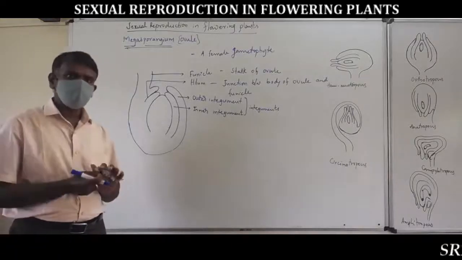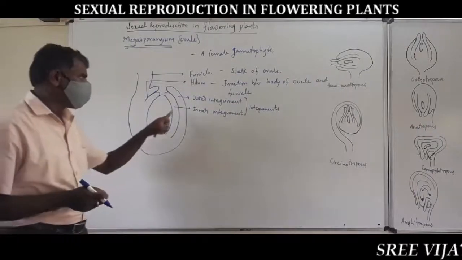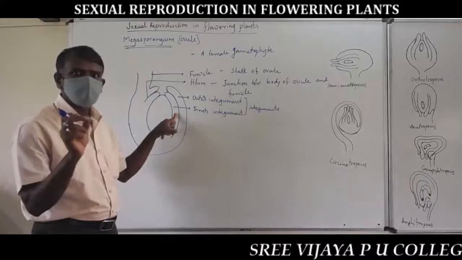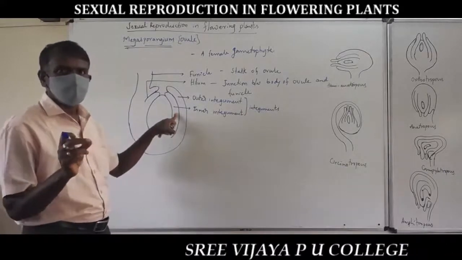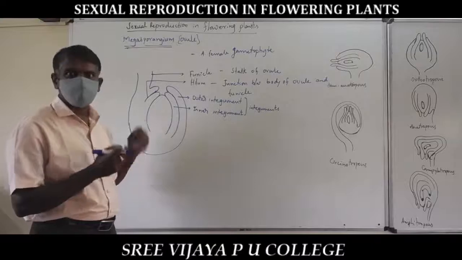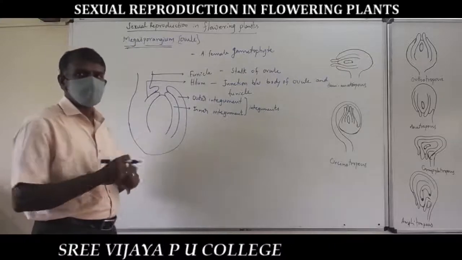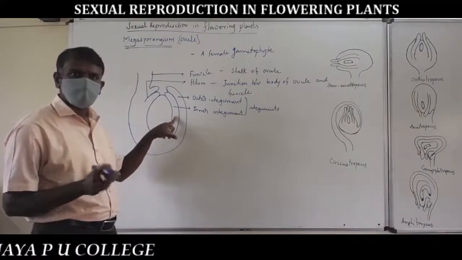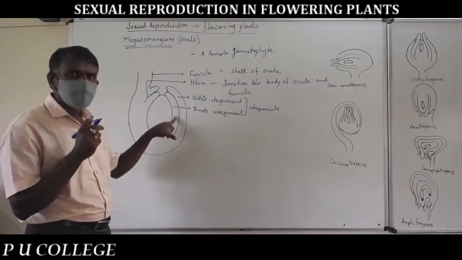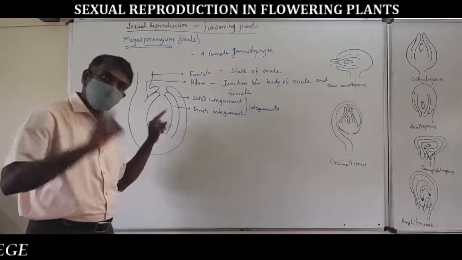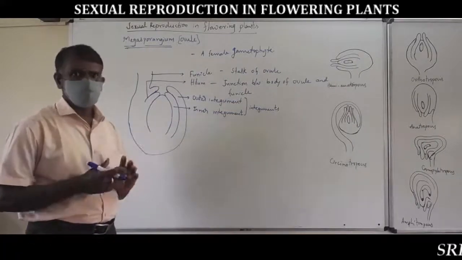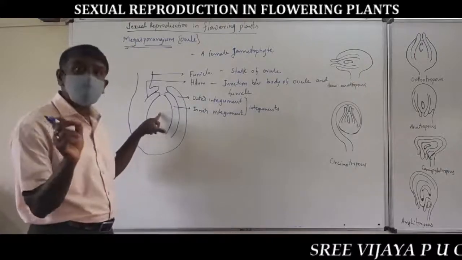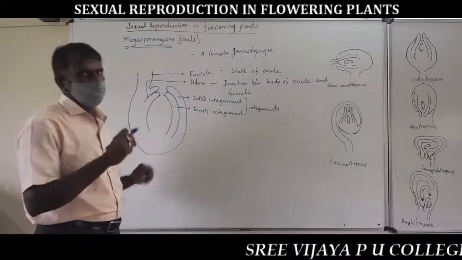When the nucellus is absent, the inner integument possesses larger cells which nourish the embryo sac, the female gametophyte. Sometimes the inner integument acts as nutritive tissue. Not in all conditions, but in exceptional conditions where the nucellus is absent in the ovule.